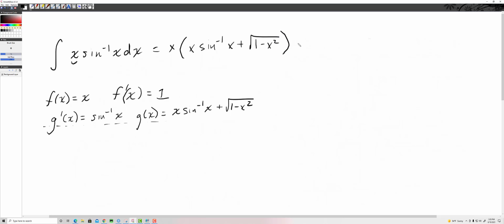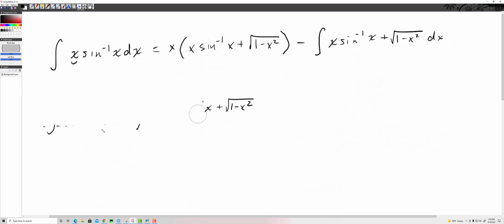And then we have minus the integral of g of x times f prime of x. We don't have to worry about this because it's just 1, so we plug in x sine inverse x plus the square root of 1 minus x squared. Okay, and I'm going to make a lot of space here because we're not quite done.